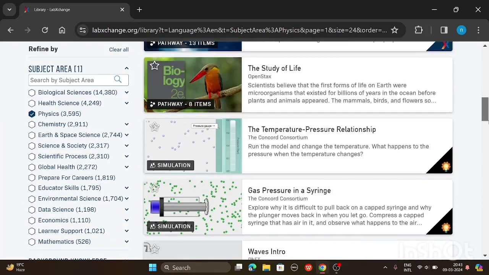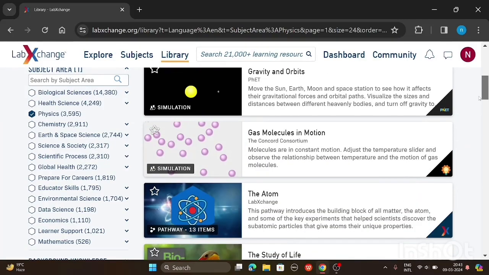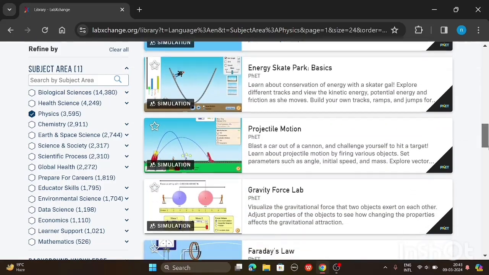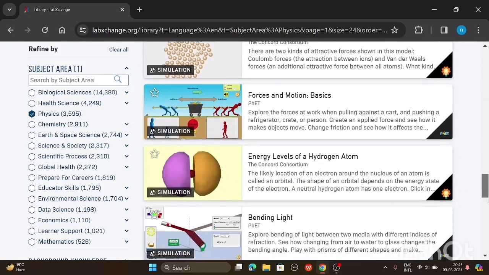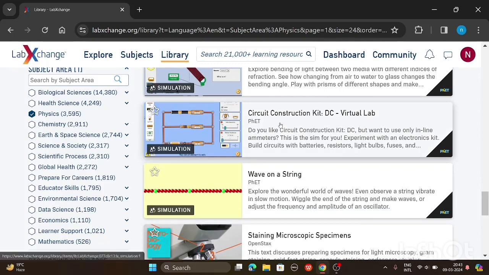Here we can take any topic like gas molecules in motion, projectile motion, Faraday's law, greenhouse effect, forces, and so we can use this circuit construction kit.